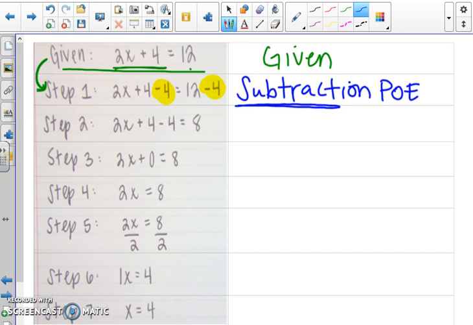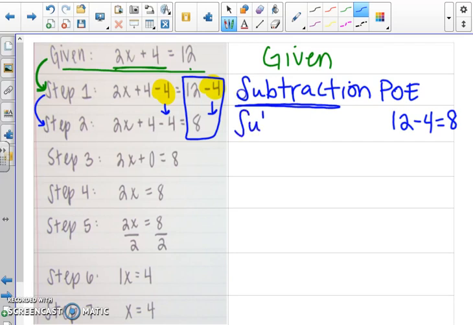All right, so let's look now from step one to step two. So what changed from those two steps? Well, that minus 4 is still there, but this minus 4 is gone. In fact, this 12 minus 4 became 8. So they replaced 12 minus 4 with 8 because 12 minus 4 is equal to 8.